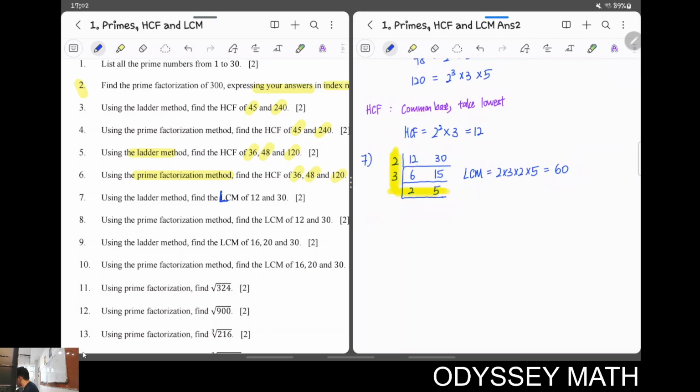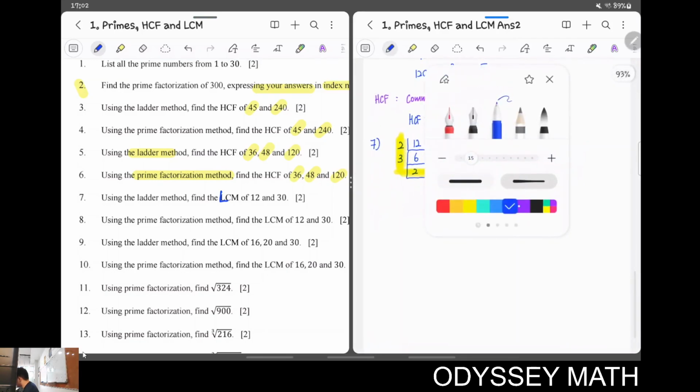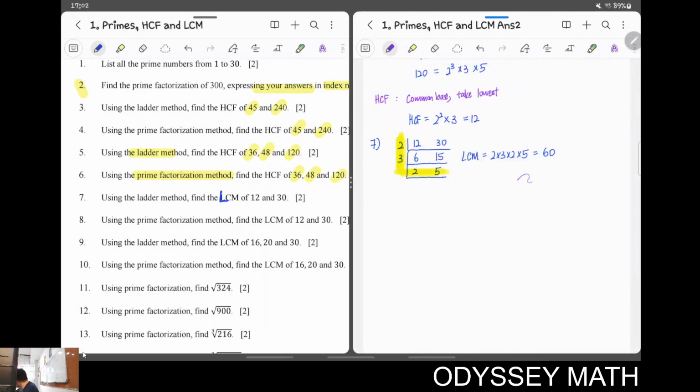To elaborate, imagine the multiples of 12: 12, 24, 36, 48, 60, 72, 84, 96, 108, 120, agree? And the multiples of 30 will be 30, 60, 90, 120, 150, and so on.